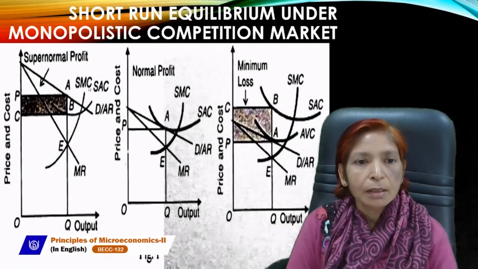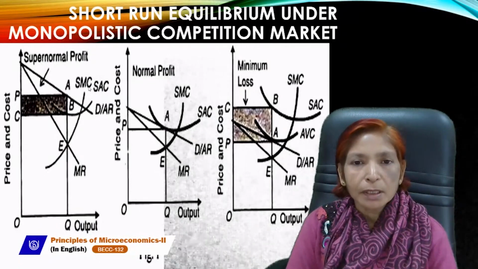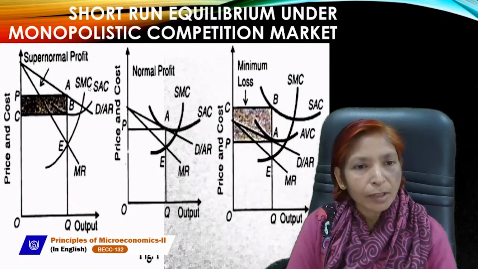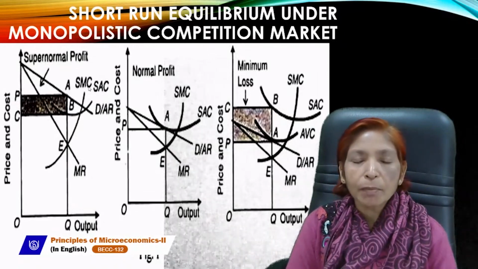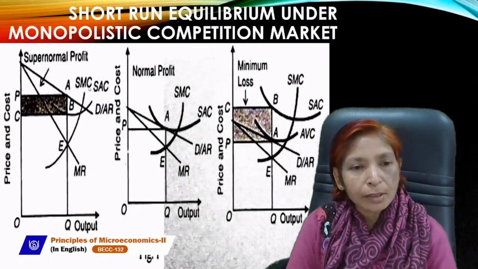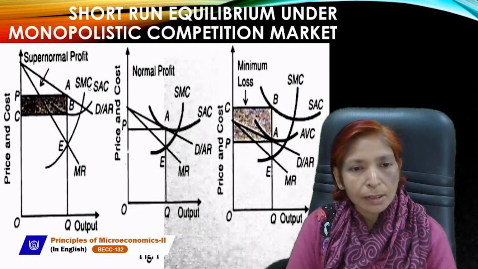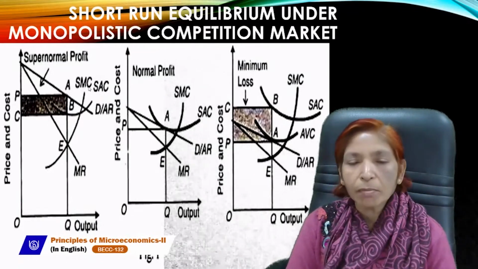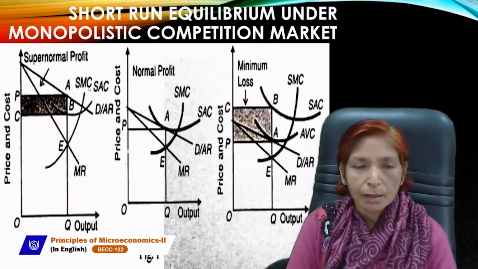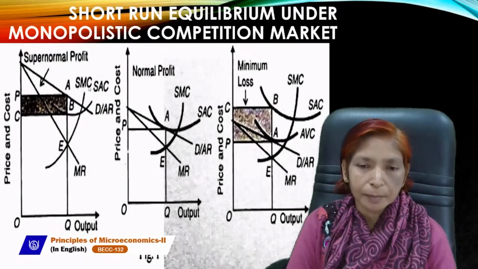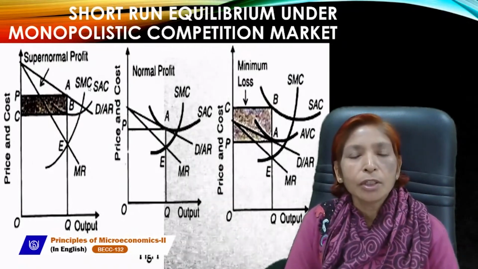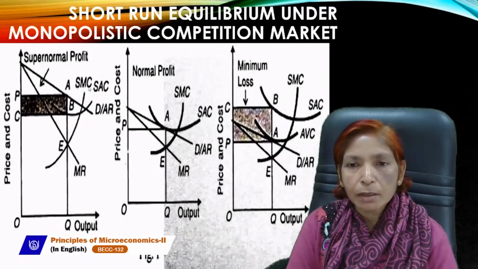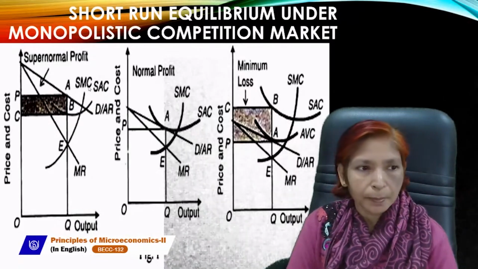In the short run, a monopolistic competition firm can earn abnormal profit, which is called supernormal profit, and can also earn normal profit, which is known as no profit, no loss, and sometimes it may bear losses or minimum loss may exist in this market in the short run. So in the short run, you must draw three diagrams under the monopolistic competition market or in any other market.